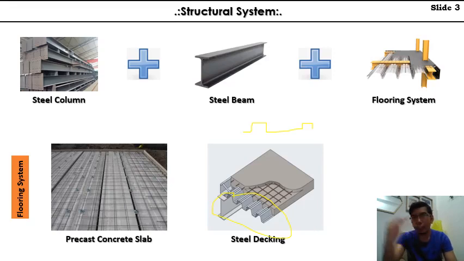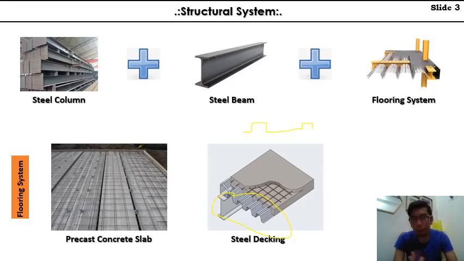The corrugated shape will help you to support the wet concrete when you pour the concrete on top of the steel deck. Again, after the concrete has hardened, it will become a permanent structure. Again, you don't need formwork for this steel deck flooring system.